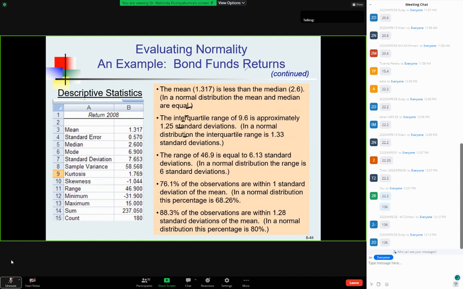Then we have another example here. Please check whether the return of 2008 is a normal distribution or not.